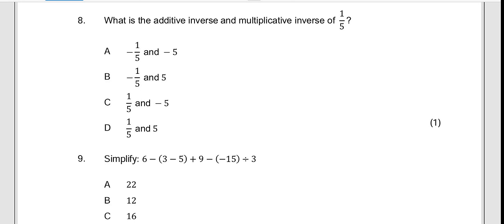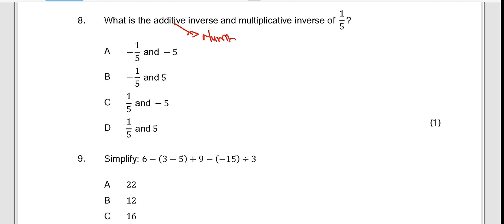What is the additive inverse and multiplicative inverse of 1 over 5? The first thing we need to know is, what is an additive inverse? Additive inverse means the number that gives 0 when added.